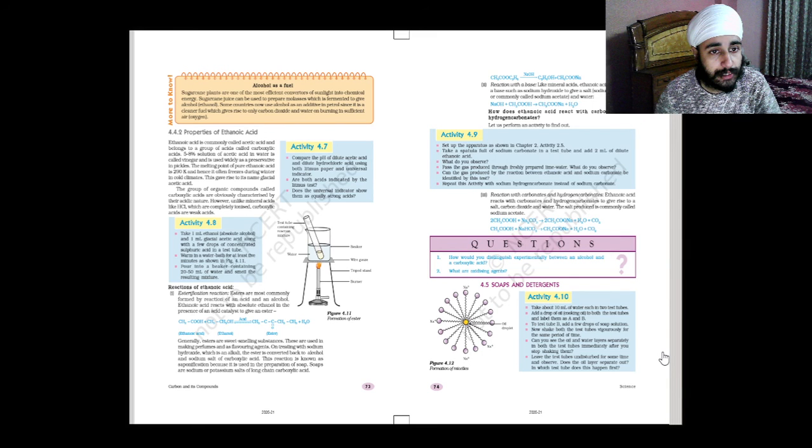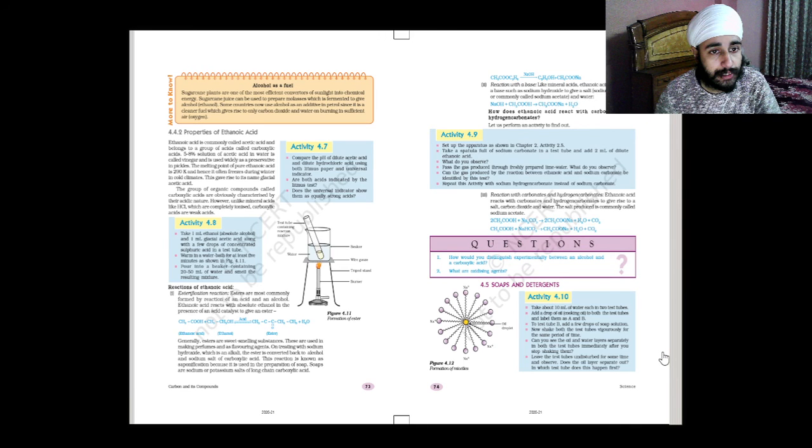Right, now here is the reaction with the base. When it reacts with the base, it gives sodium acetate, right? NaOH is a base. While with carbonate and hydrogen carbonate it reacts, it gives rise to the salt sodium acetate, water and carbon dioxide.